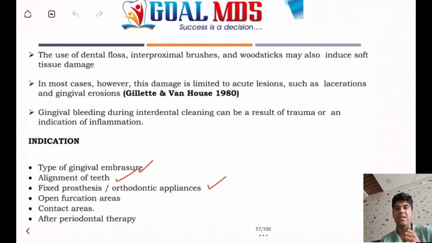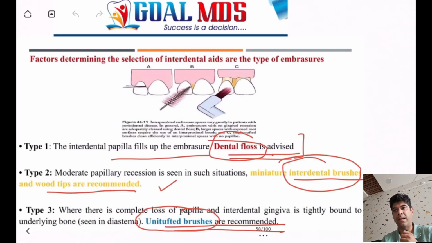These tools maintain proper oral hygiene by removing food particles, plaque and bacteria from the interdental areas. They are indicated in the gingival embrasures, teeth with non-alignment, fixed orthoprosthesis with orthodontic appliances, teeth with open furcation area, and after periodontal therapy.